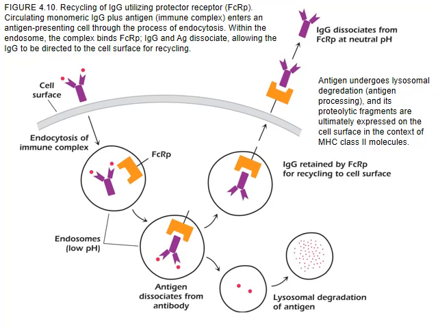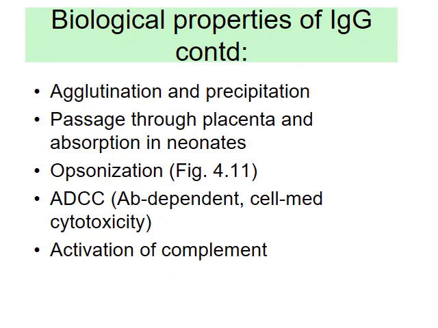That is the reason the placenta can only pick up IgG and pass it on into the system, and not other antibodies. So that's a part of reproductive immunology. The rest of the properties of IgG we already discussed.